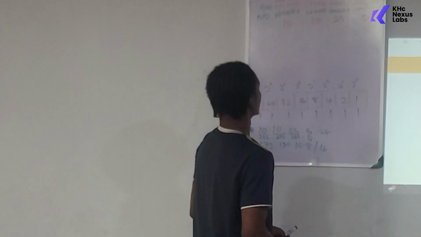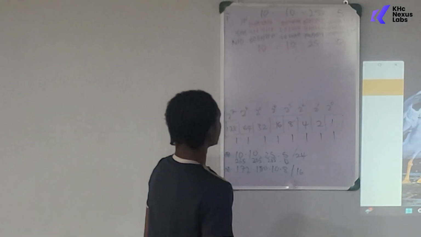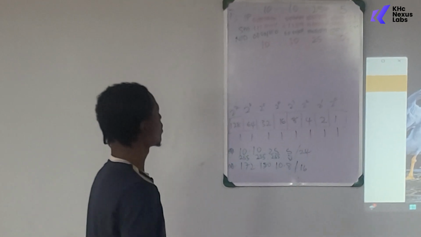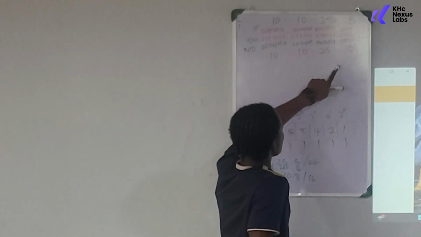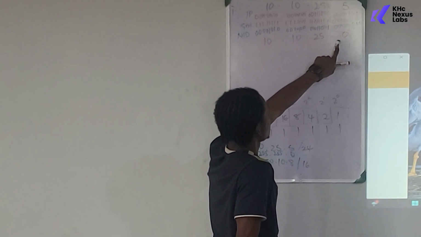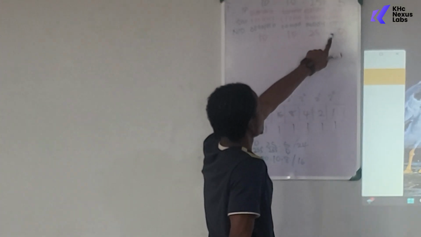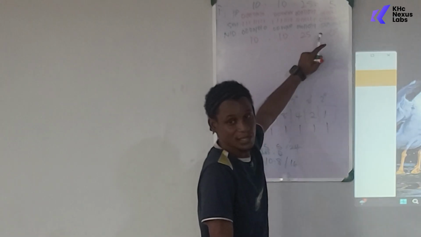And now, we're solving the subnet max, right? You also have to note that this 0 that is here is like a complete 8 bits of 0. You know that, right?